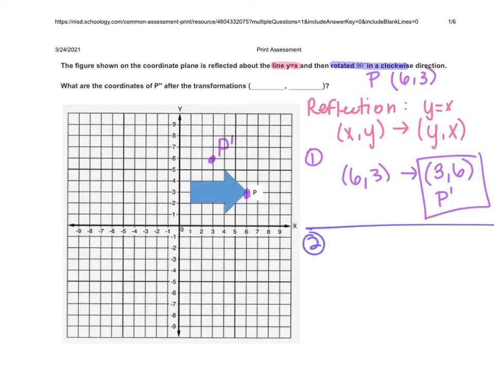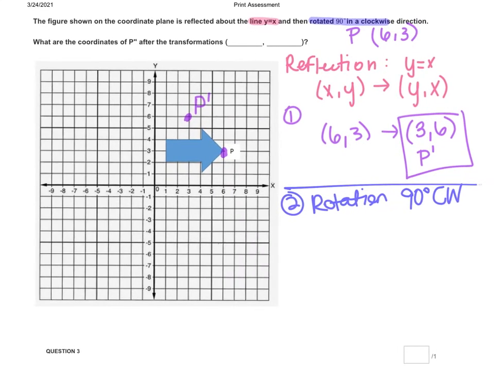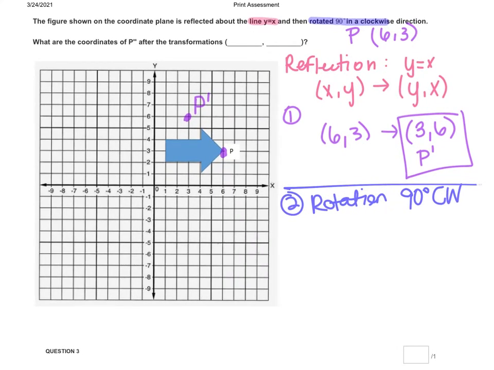So step 2 is a rotation, okay, and we are rotating 90 degrees clockwise. So I have a reference sheet available for you guys, but for a 90 degrees clockwise rotation, the rule is that you're going to take your x and y values, and then you are going to change them to become y, negative x.